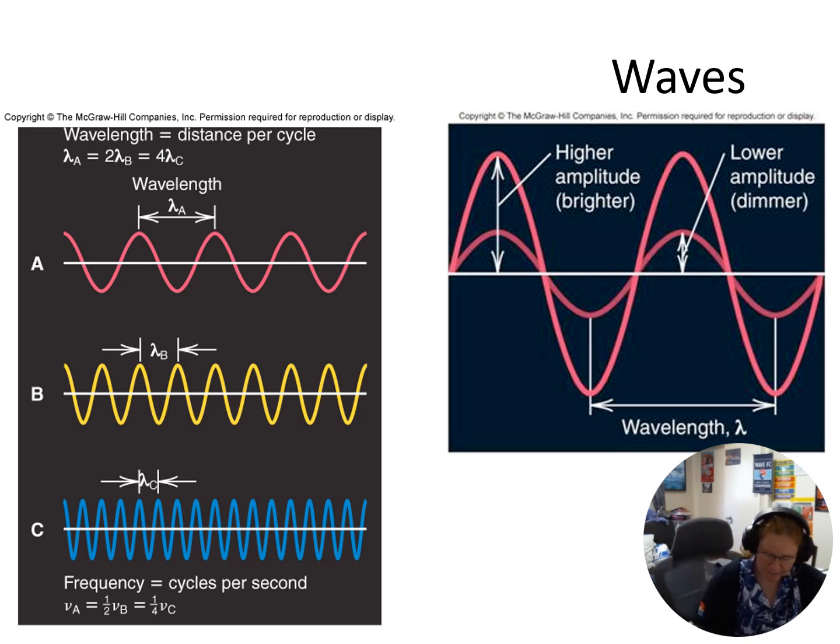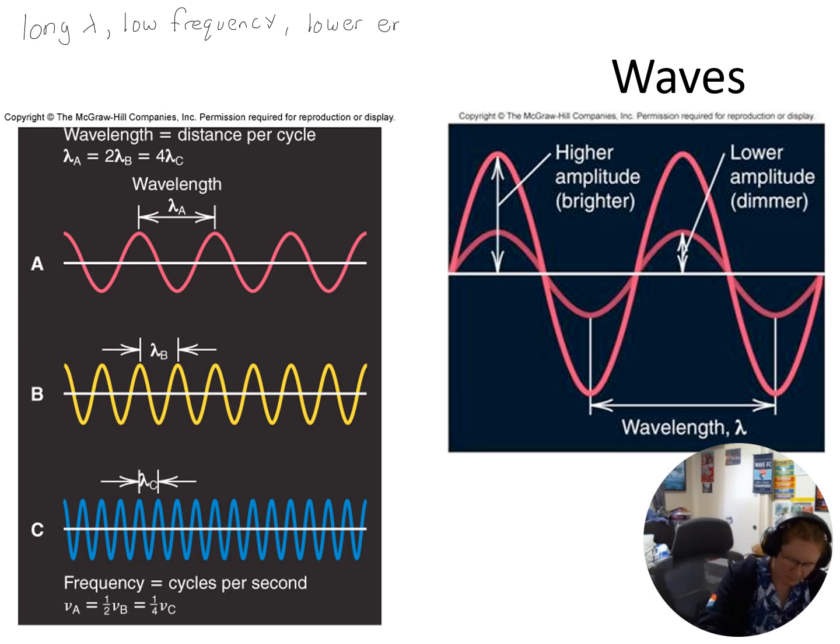And so when we're looking at this, a long wavelength is low frequency and is lower energy. Okay, so low frequency, I don't have very many of them repeat per cycle.